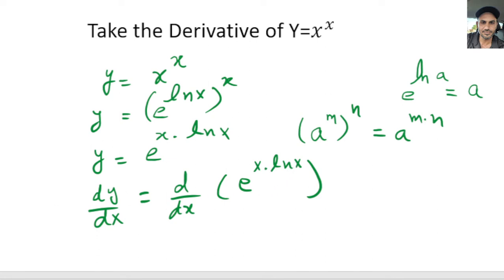So in the chain rule, d over dx of e to the u, let me just write it again, equals e to the u, the function, times du over dx.